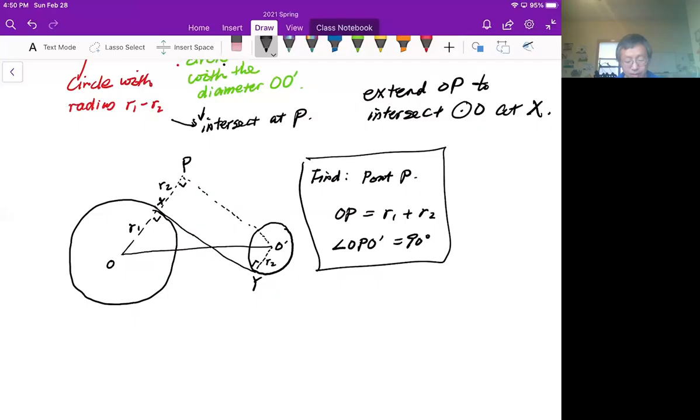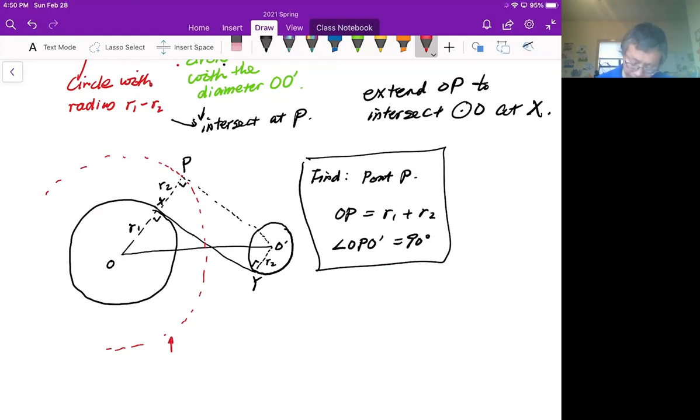And the two conditions can be done very easily. Why is it very easy? The first one is that I can just draw a circle with the radius of R1 plus R2. The first one will be like that. We don't have to do the whole thing, you just get the idea here, right?